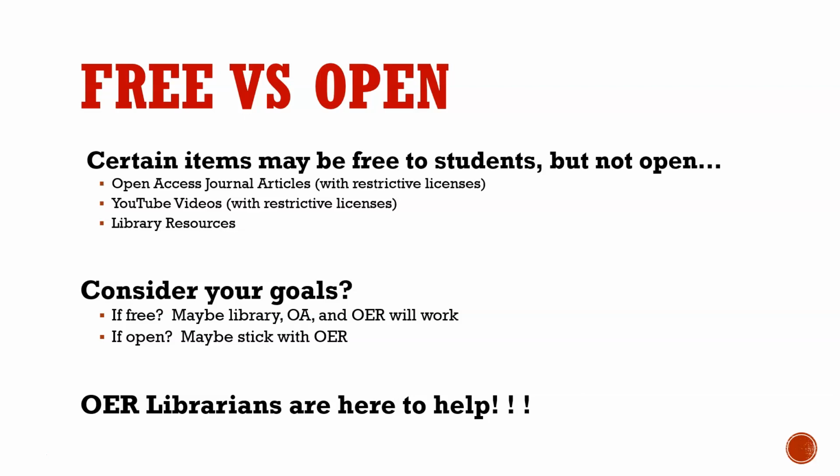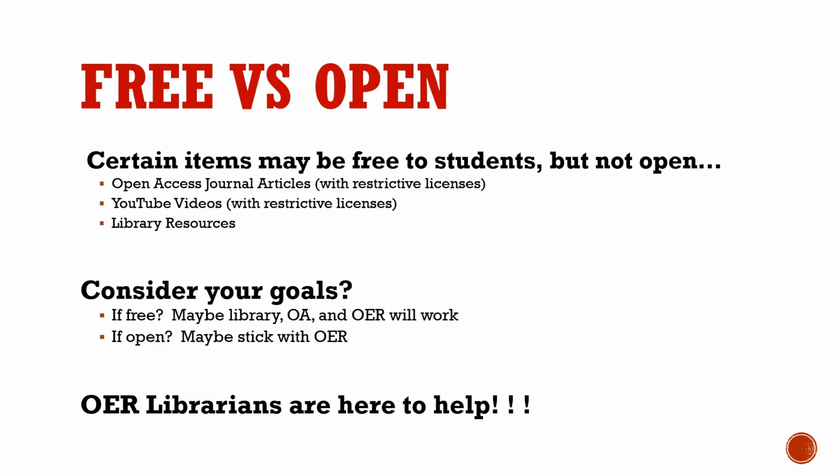So at this point of the lesson, I also do want to talk a little bit about some of the difference between maybe free content versus open content. So there's a lot of materials and items that might actually be free to students, but not open or without restrictions. A couple examples here: open access journal articles, YouTube videos with some restrictive license, and even library resources.